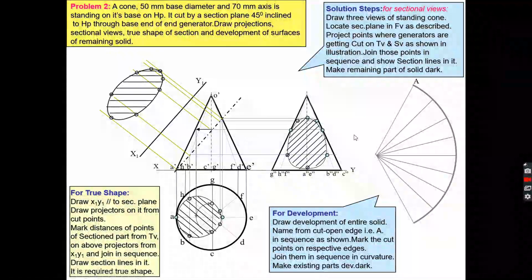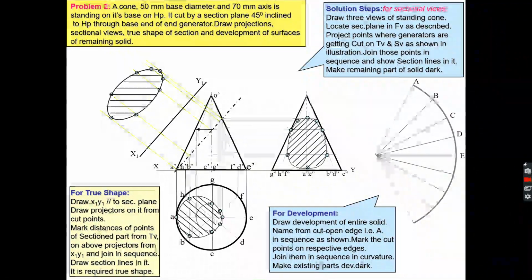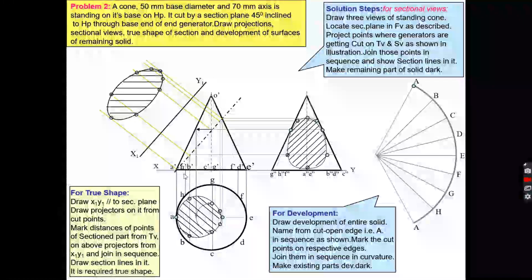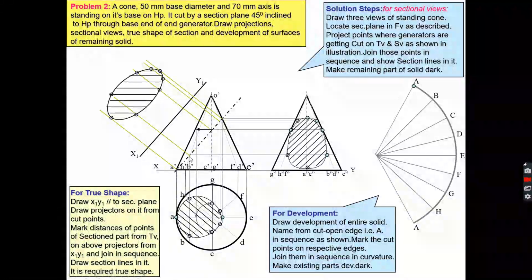So now I will name all the points in the sequence. So this is your point A, because the section plane is cutting the generator OA at point A. So this is your first point. Then again this is your OB. So how will you get the distance of this point from O?